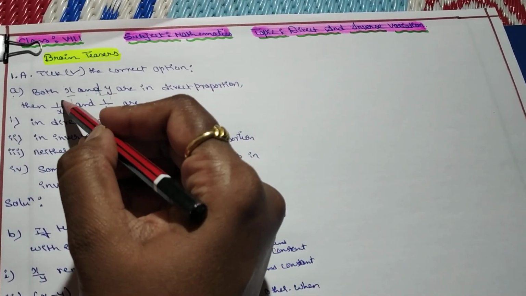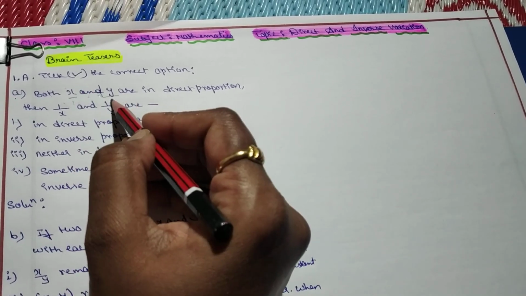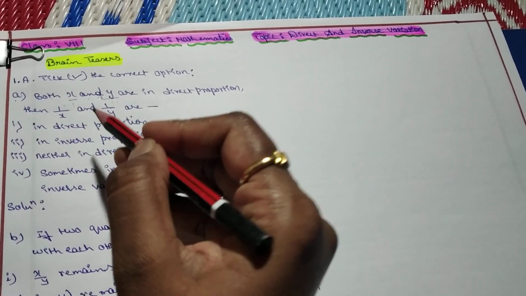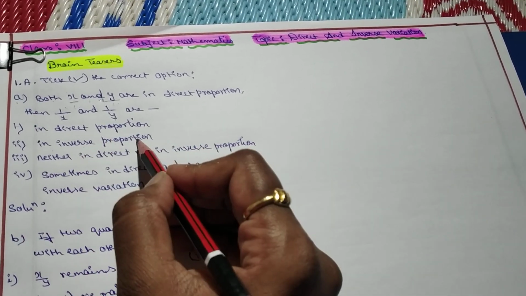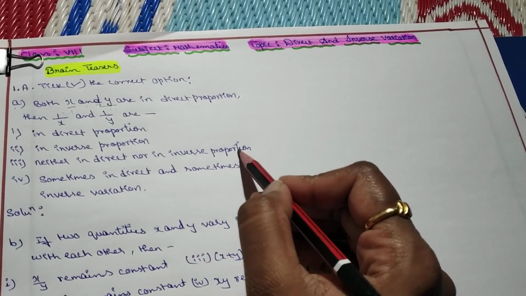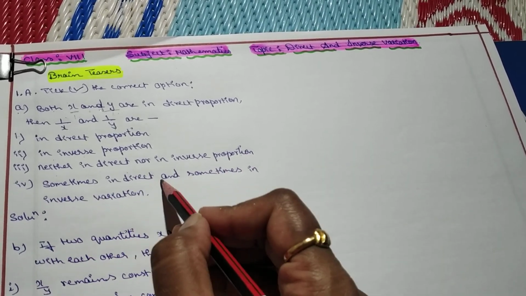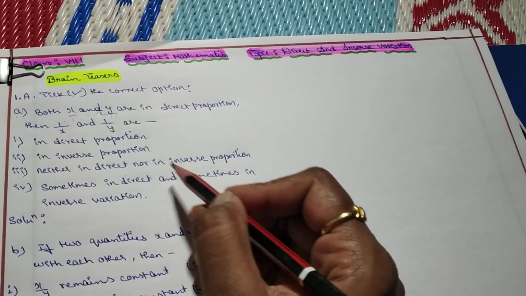And the question is asked 1 by x and 1 by y. It's nothing but the reciprocal of x and y, right? Still are they in direct proportion or in inverse proportion? Neither in direct nor in inverse proportion, sometimes in direct and sometimes in inverse variation, proportion.